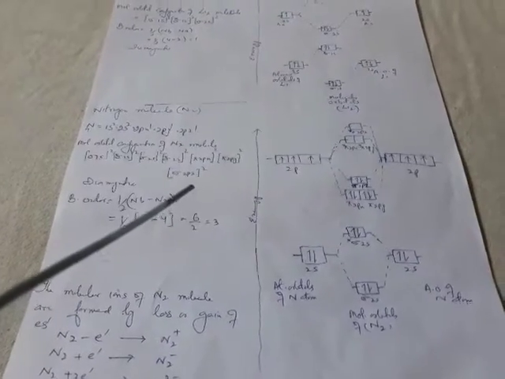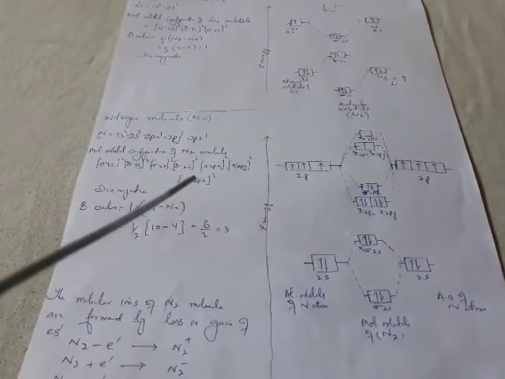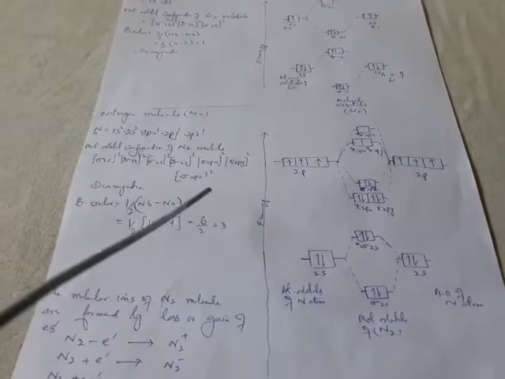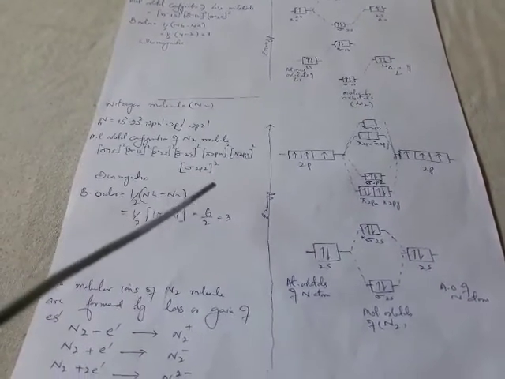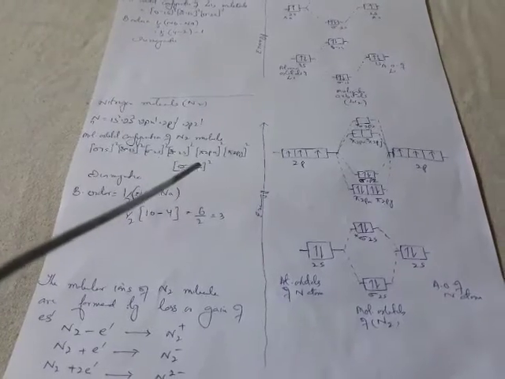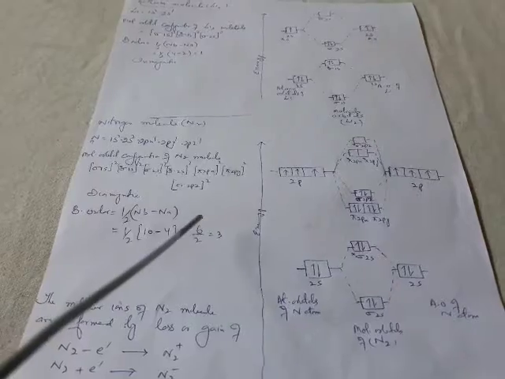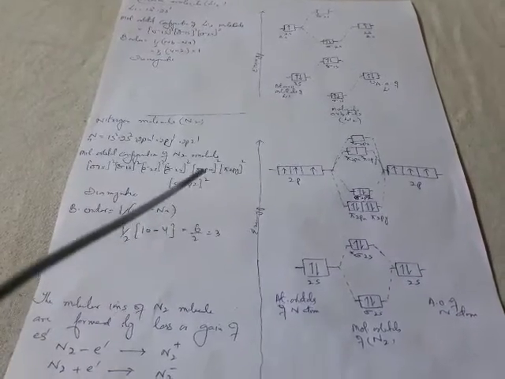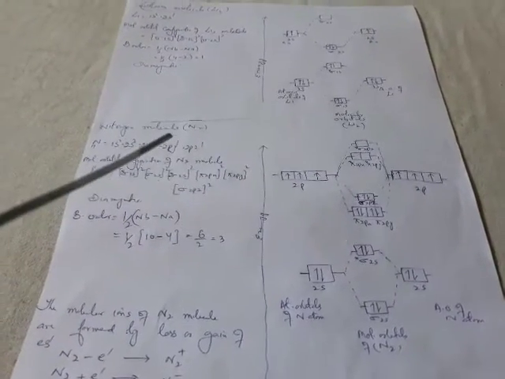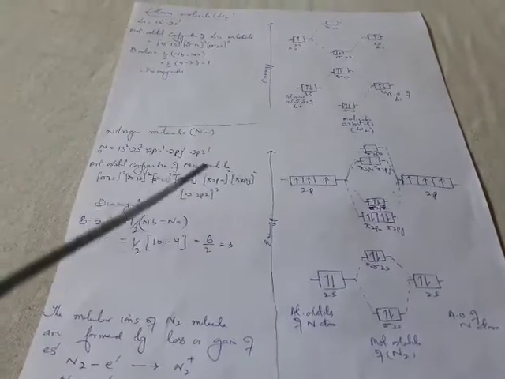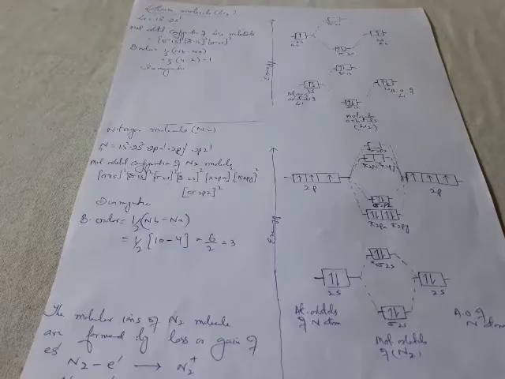This suggests a very high bond dissociation energy, since we have three bonds in the molecule of nitrogen, one sigma and two pi bonds. So it has a very high bond dissociation energy, and the bond length is also very small. Experimentally determined values of bond dissociation energy have been calculated for this nitrogen molecule.